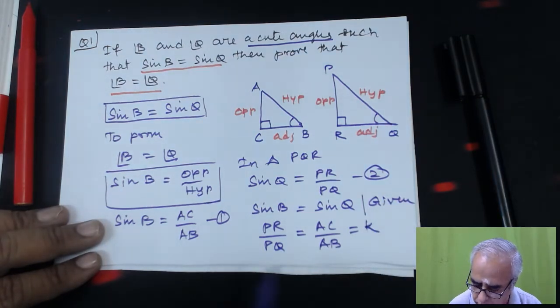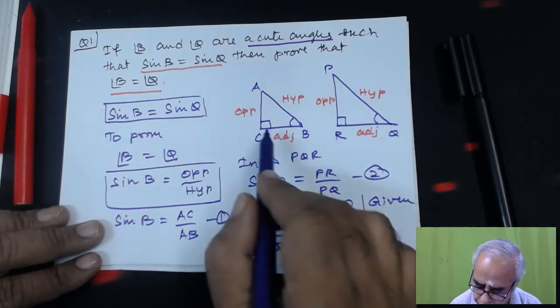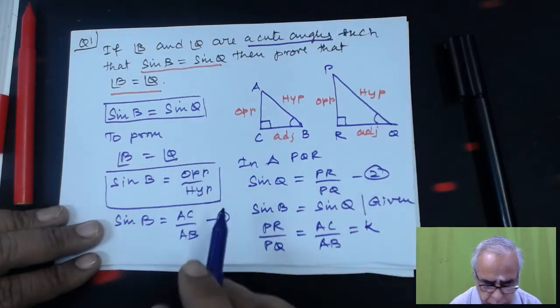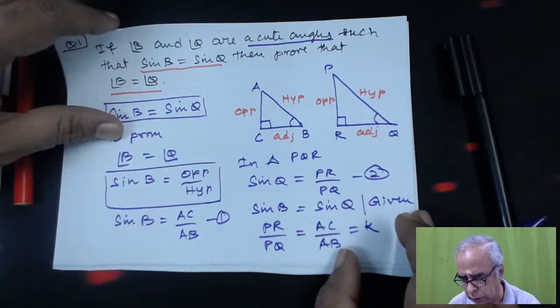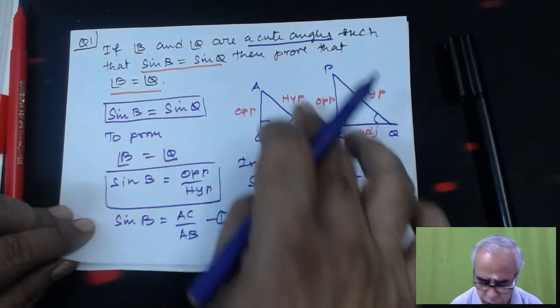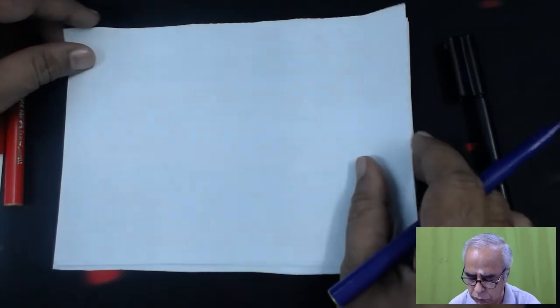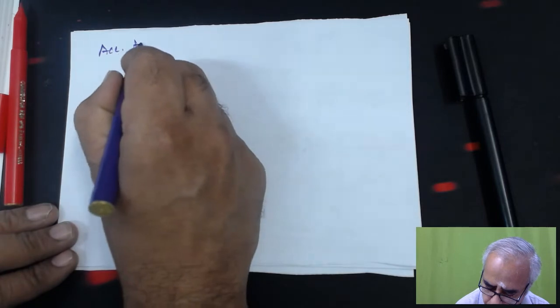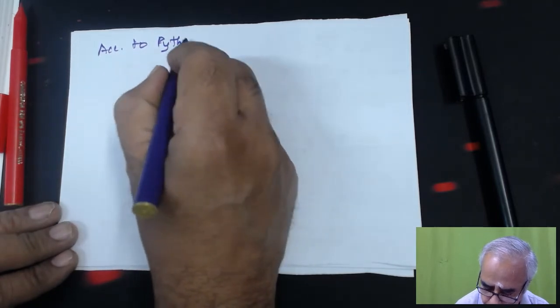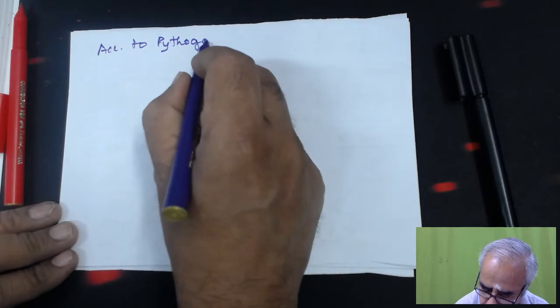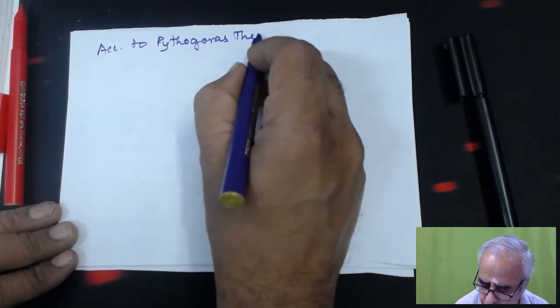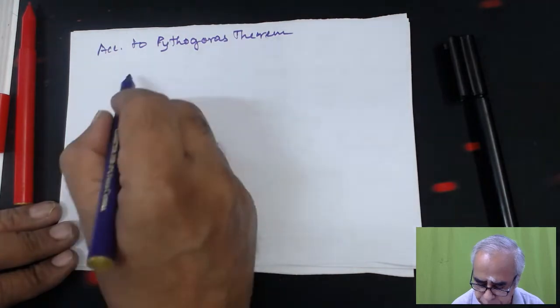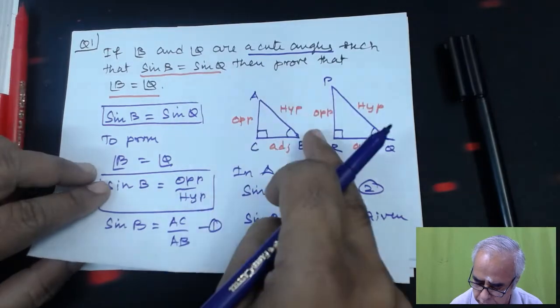Now let us consider BC based on the Pythagoras theorem. Let us apply Pythagoras theorem for triangle ABC. According to Pythagoras theorem, AB squared is equal to AC squared plus BC squared, is it not?